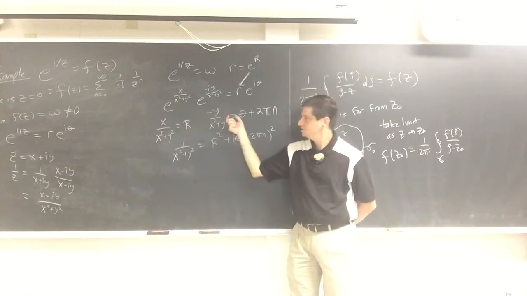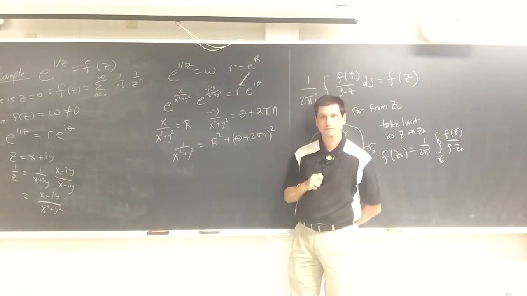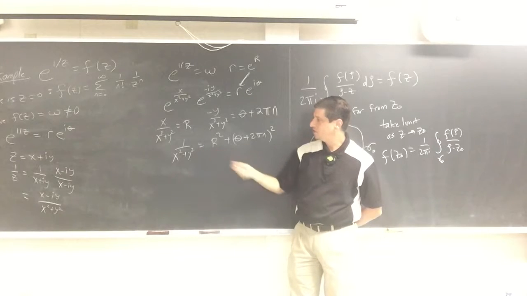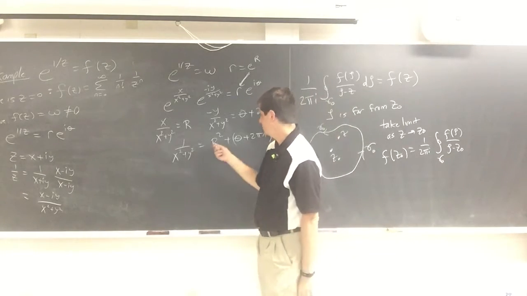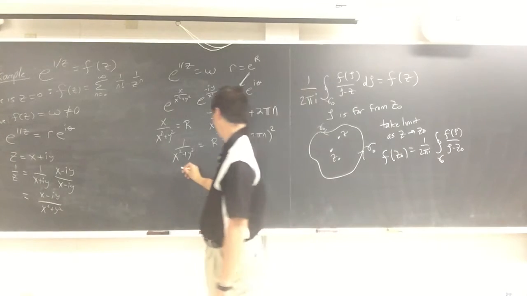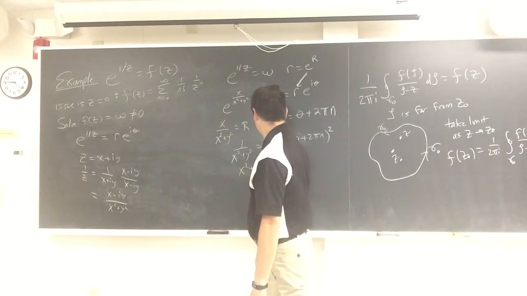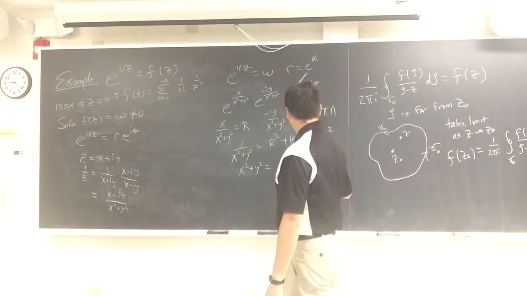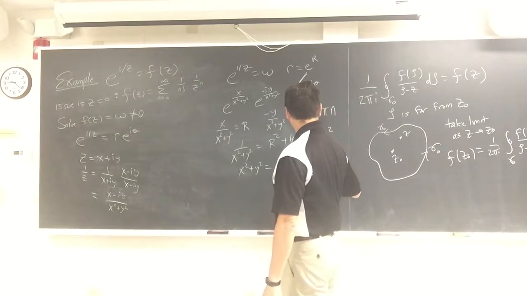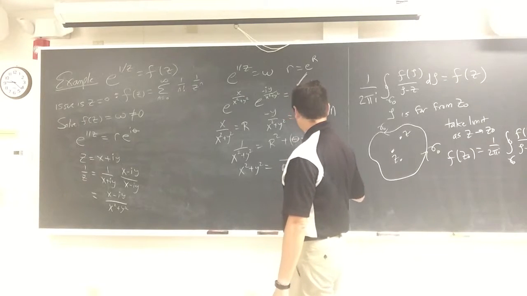So just square this, and add. That's nice because that now tells us the size of x squared plus y squared. So we now get x squared plus y squared is 1 over r squared plus theta plus 2 pi n squared.